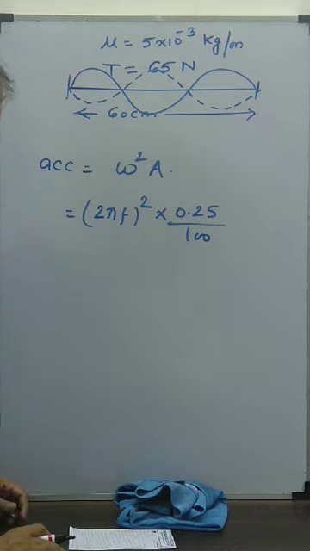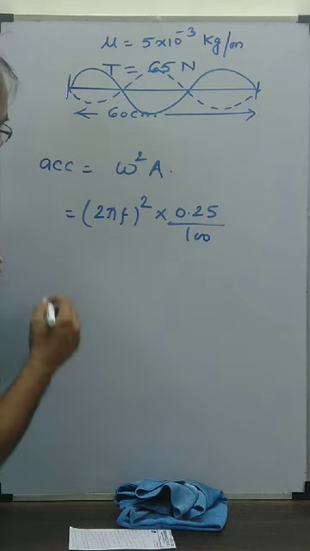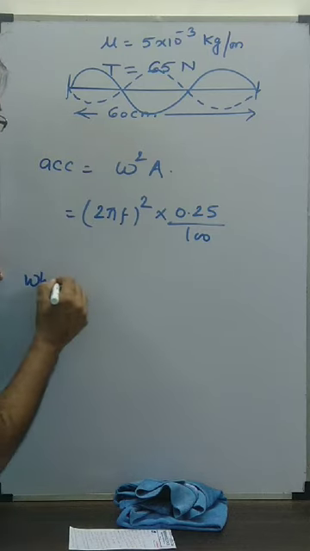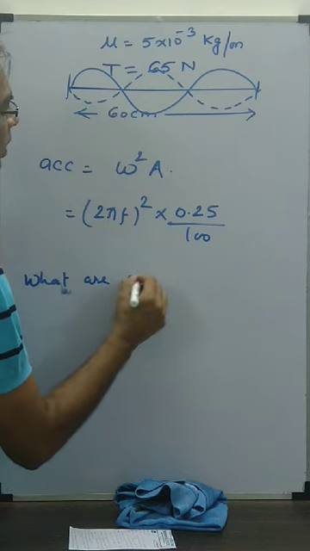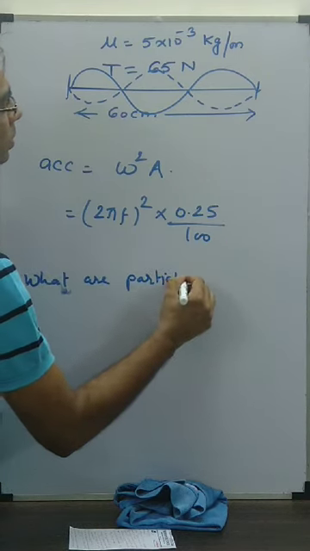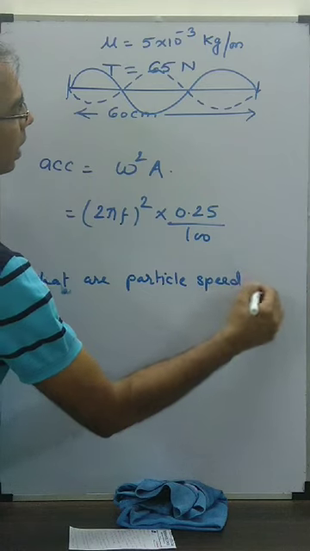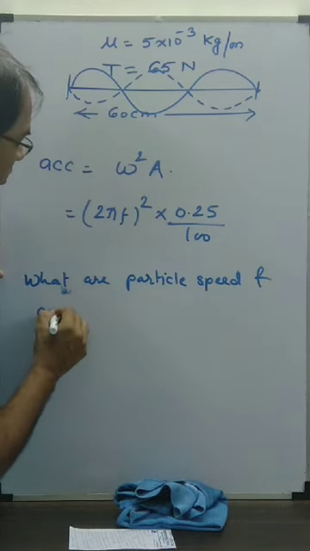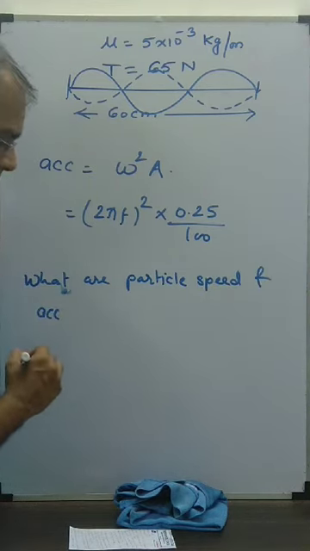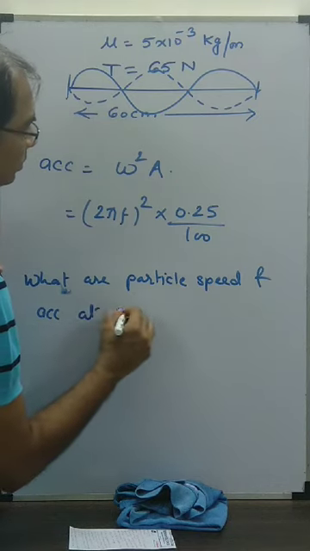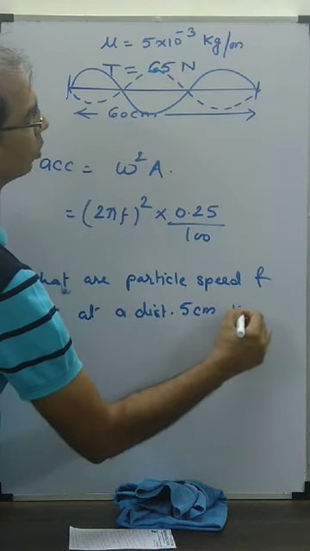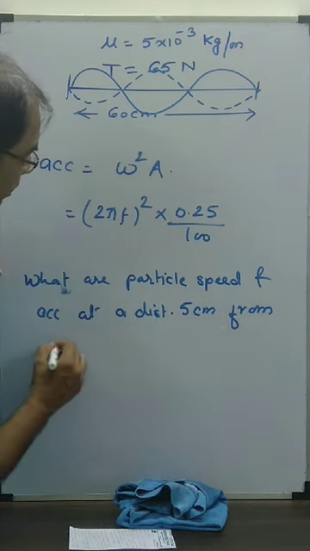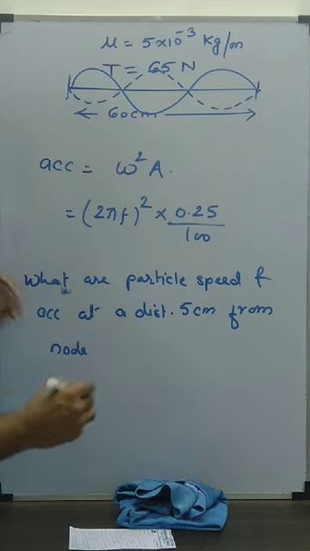In the same question, its next part is, what are particle speed and acceleration at a distance 5 centimeter from a node?